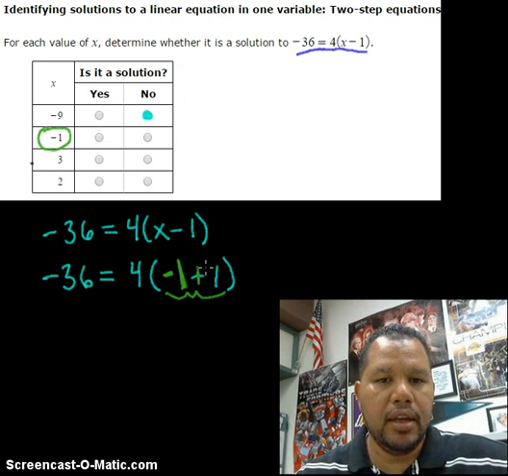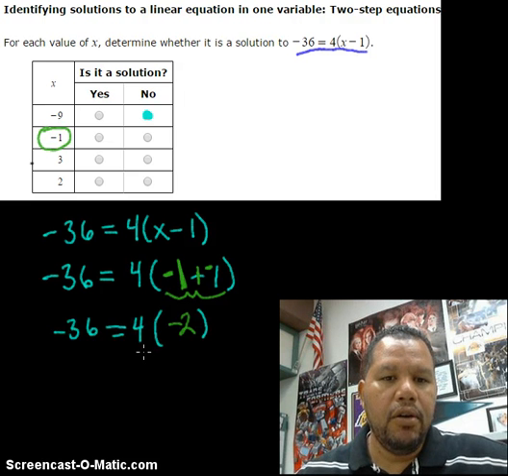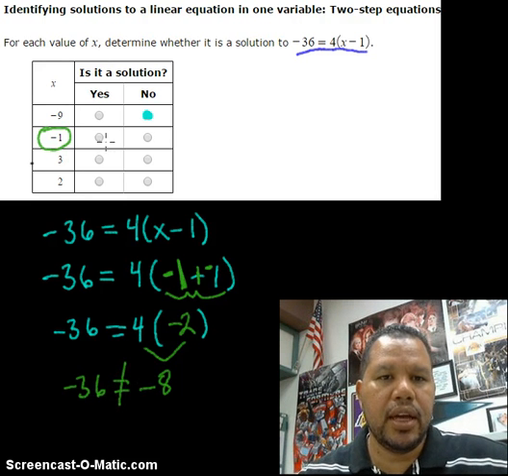So I'm going to be adding a negative 1 to negative 1, so that gives me negative 2. So bring down the rest. Now I will multiply 4 times negative 2, which is negative 8. And as we see, once again, negative 8 does not equal negative 36, so negative 1 is not a solution either.